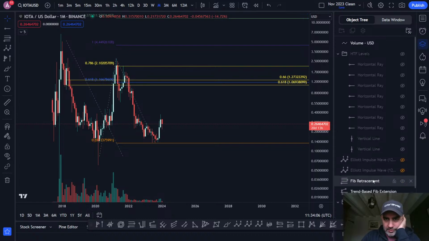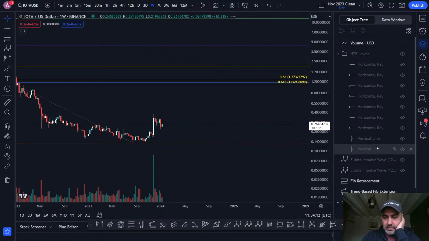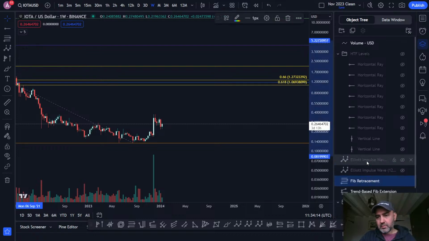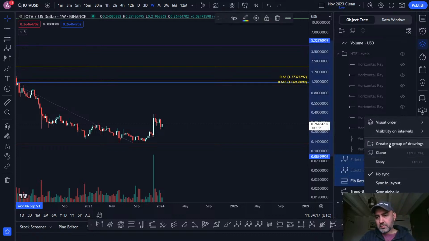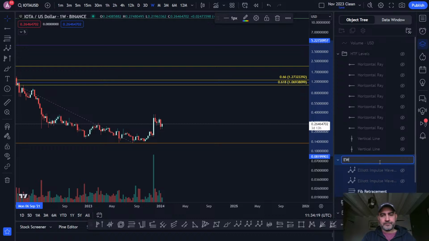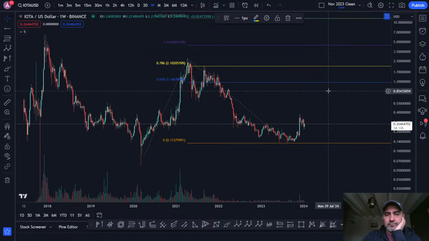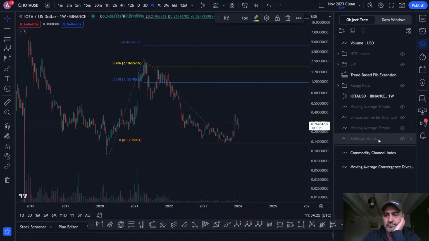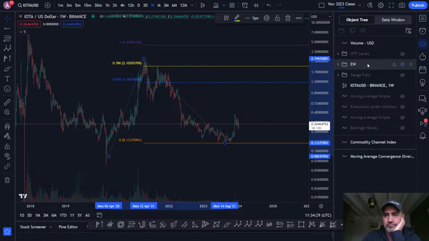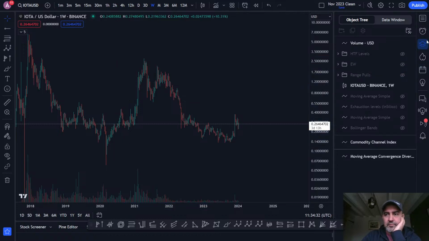This is the extension of the ABC. Where's my Elliott wave? It's there. Put it in there. Okay, that's better.